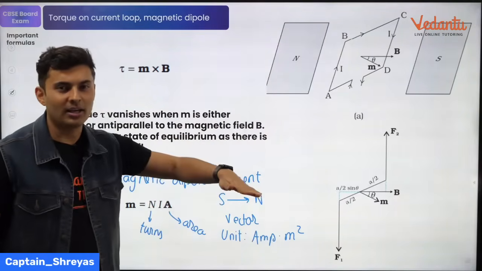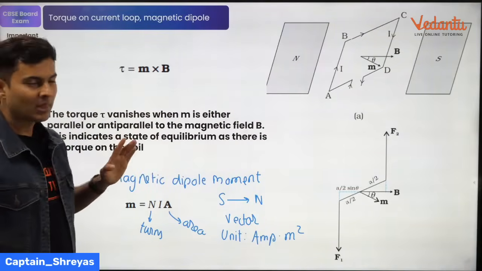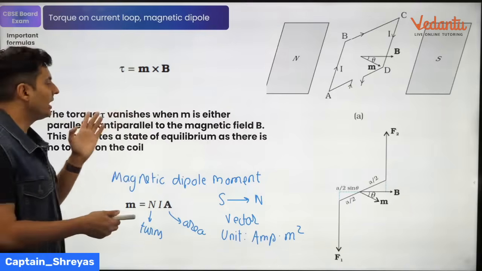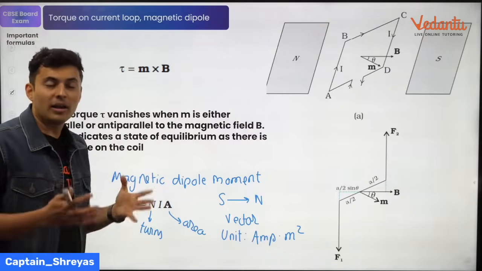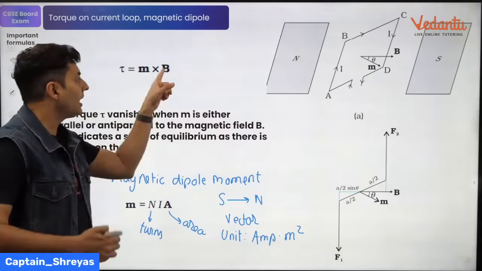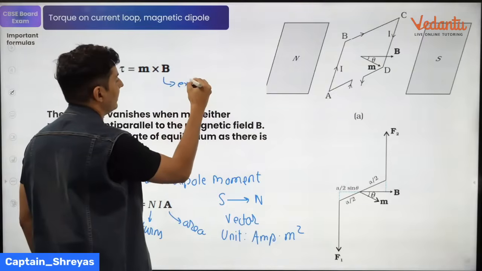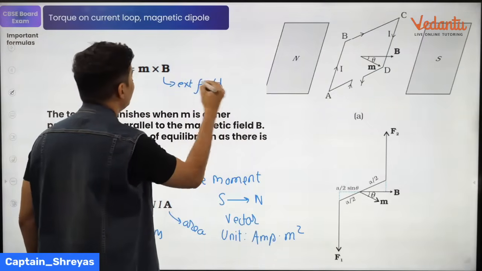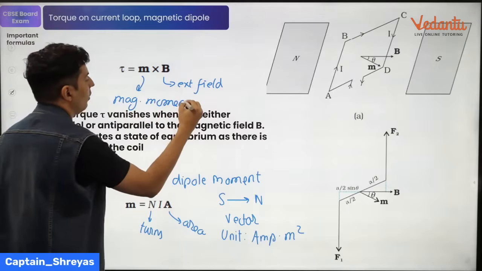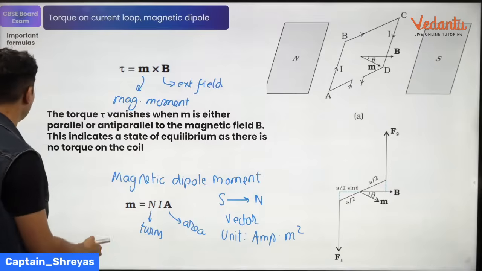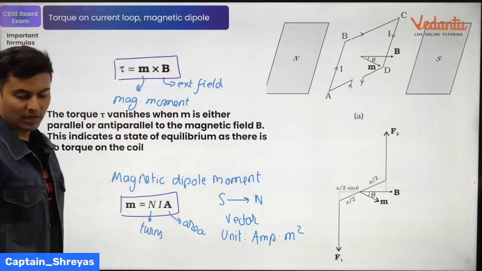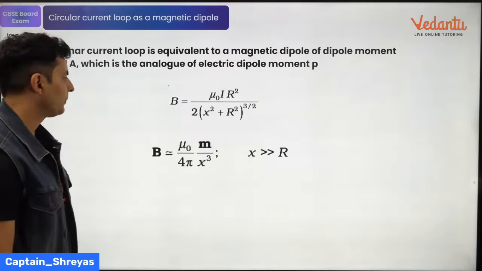So that means there is a torque acting on it, and the torque is given by M cross B. Instead of P cross E, recollect, here it is M cross B. So that is the torque which acts on a magnet or a coil which is placed in somebody else's field. This is the external field. This is your magnetic dipole moment, which I have mentioned over here. So all these are important formulas, exactly similar to the electric dipole.